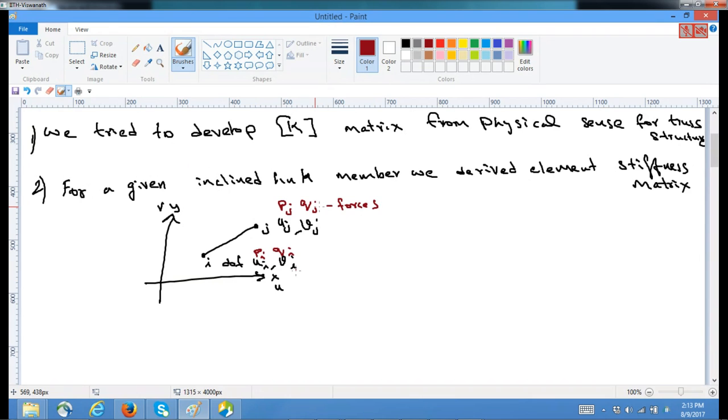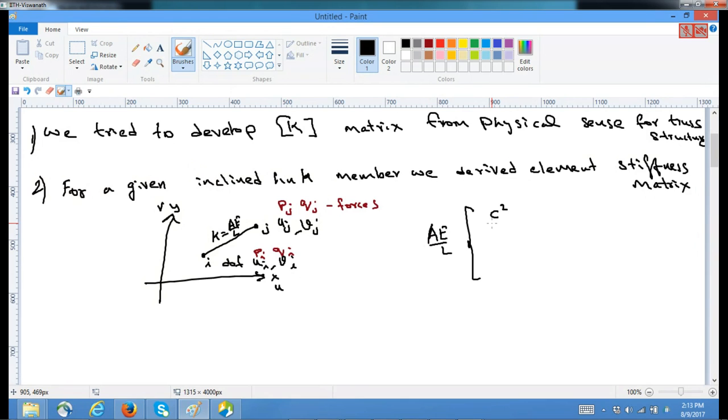the stiffness of this is k, which equals AE by the length. Length is nothing but the square root of (xi minus xj) whole square plus (yi minus yj) whole square. So anyway, that we know. We want to show that it is equal to AE by L cos square. So let me write those things from the previous class.